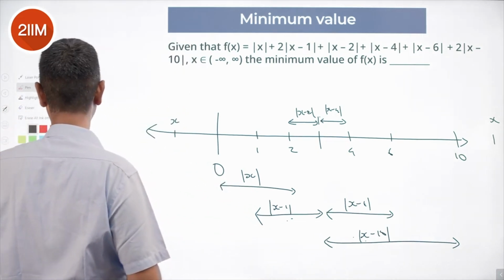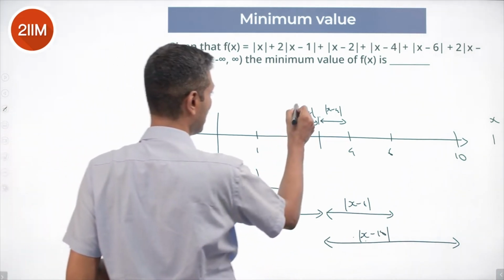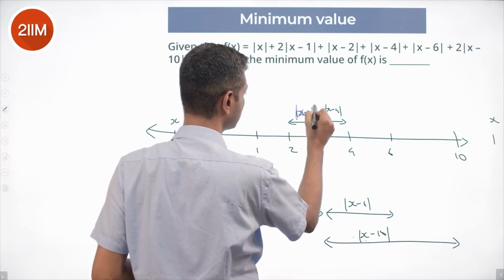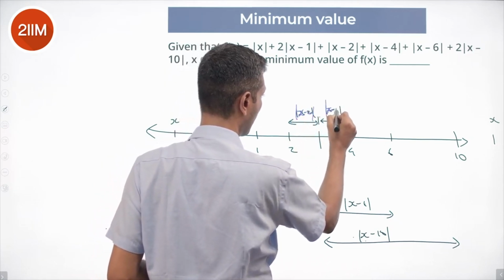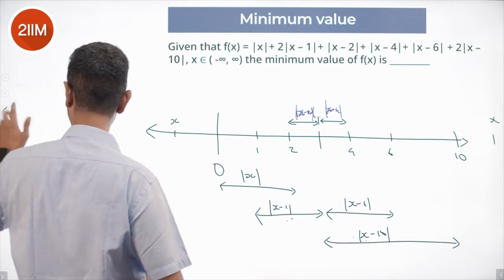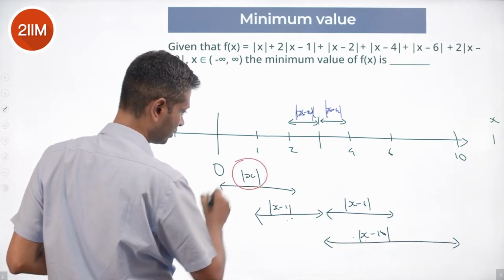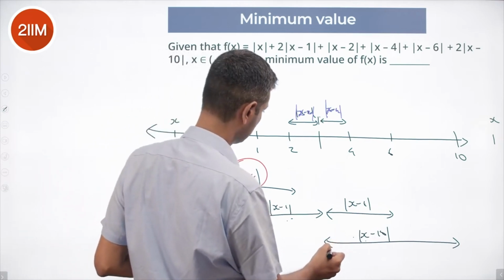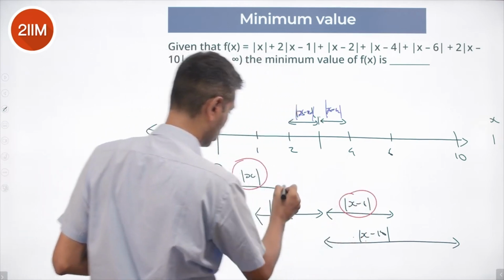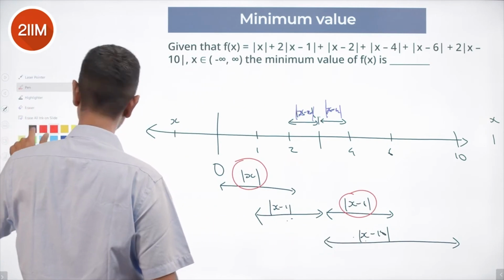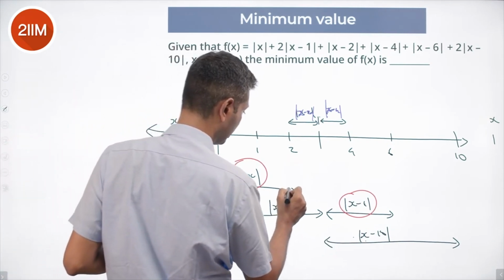We'll use our fact that we have color coding available. I'm pairing these two. Then what will we pair? We pair up modulus of x and modulus of x minus 6. Modulus of x should go all the way till here.